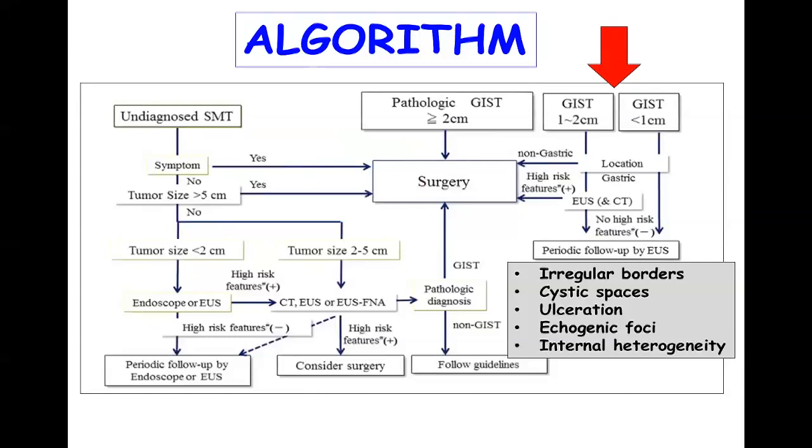Or if located in stomach but with high-risk features, such as irregular border, cystic spaces, ulceration, echogenic foci, or internal heterogeneity, you have to also lead the patient to surgery. But in case of gastric location without high-risk features, you can follow the patient periodically by EUS.